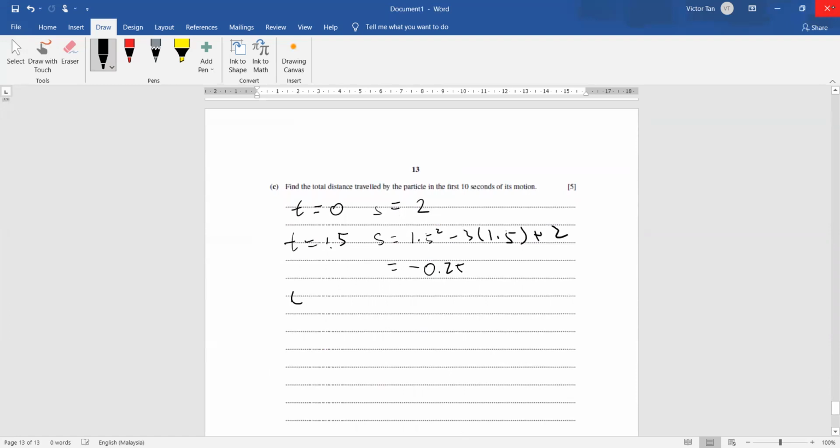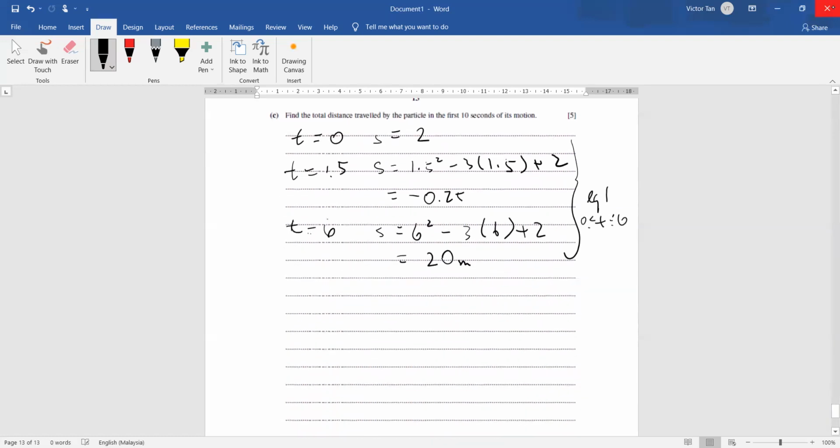So t equals 6. S equals 6 squared minus 3 times 6 plus 2. So this is 18, plus 2, this is 20 meters. This is for the first equation. So let's check. When t equals 6, for the second equation, it should equal 20.